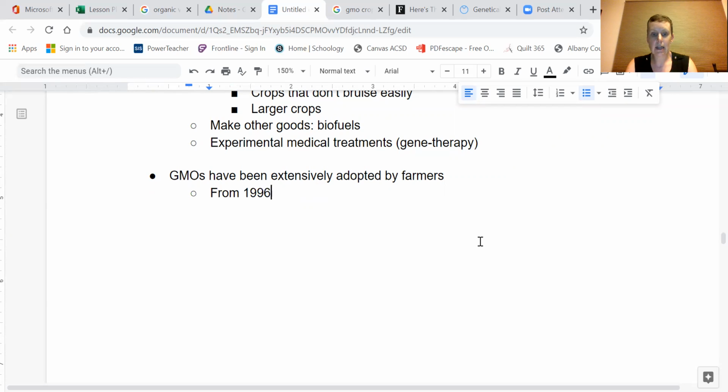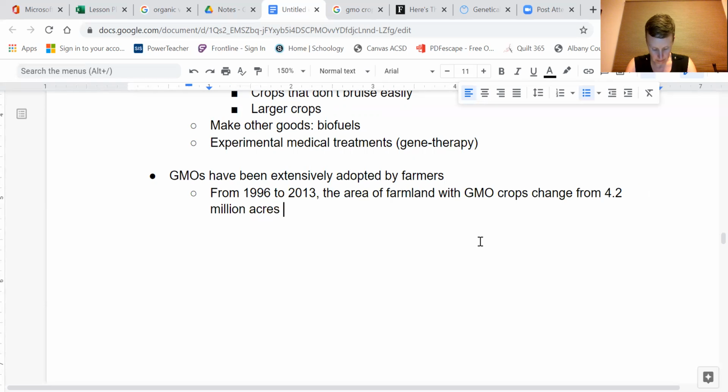From 1996 to 2013, the area of farmland with GMO crops changed from 4.2 million acres to 432 million acres.